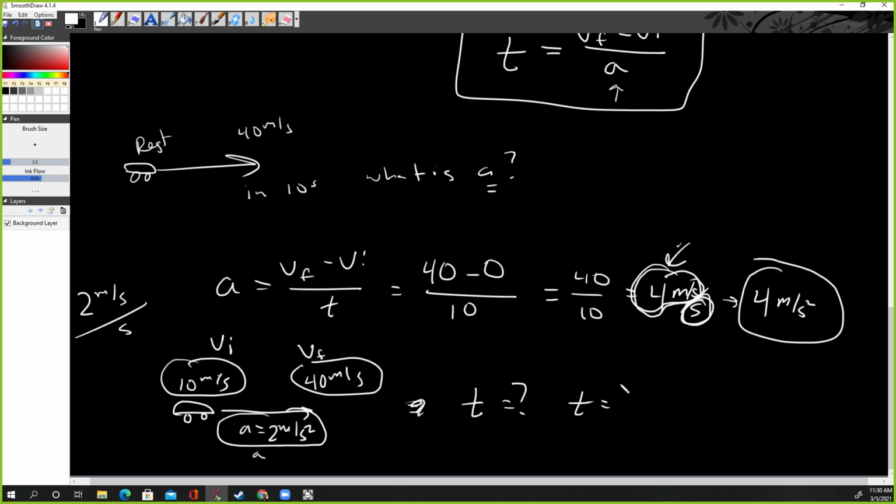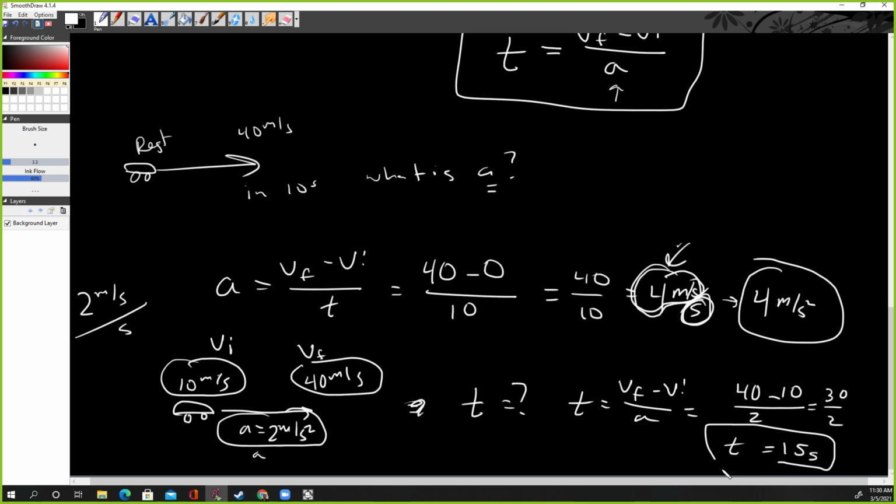Time is equal to final velocity minus initial divided by a, which is final minus initial divided by 2, which is 30 divided by 2, which is equal to 15. And we're looking for t, so it must be seconds, because that was the units I was dealing with. It was all seconds.